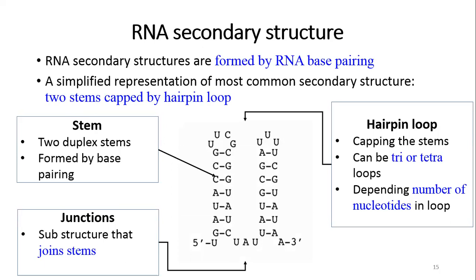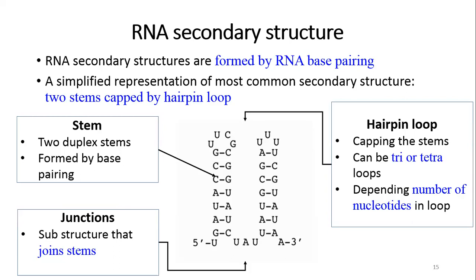For example, you have alpha helices, beta strands, which eventually collect up to form beta sheets, then turns, and then coils. But you don't have such a variety of secondary structures in RNA. RNA secondary structure is usually formed by RNA base pairs.